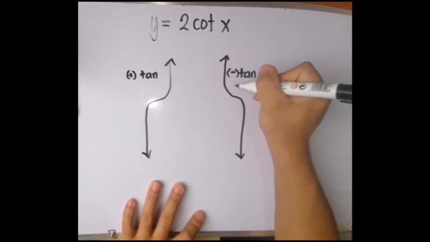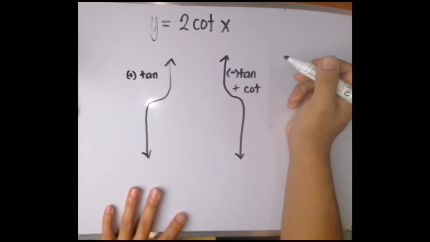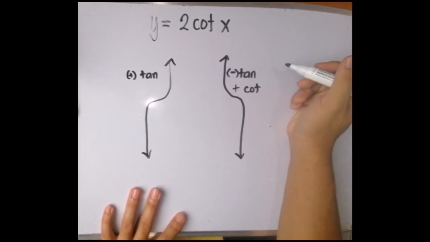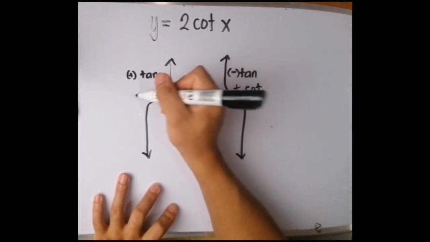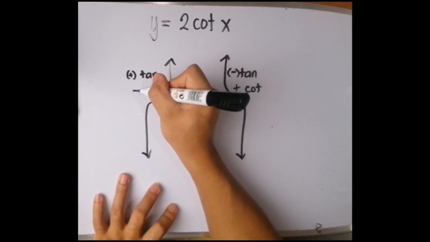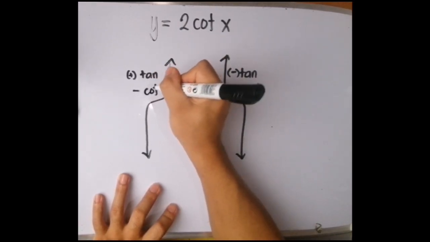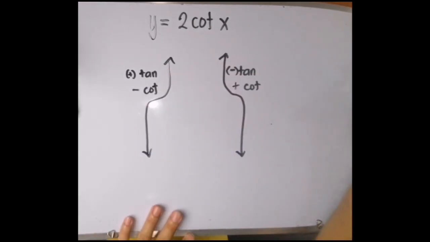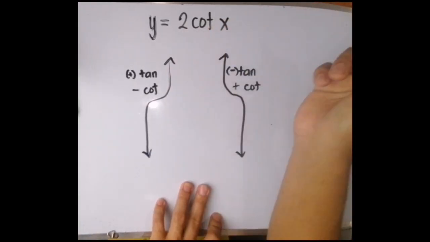So this will be positive cotangent. And the negative cotangent is similar to positive tangent. So this will be negative cotangent. So let's go back to our example, which is y equals 2 cotangent x.